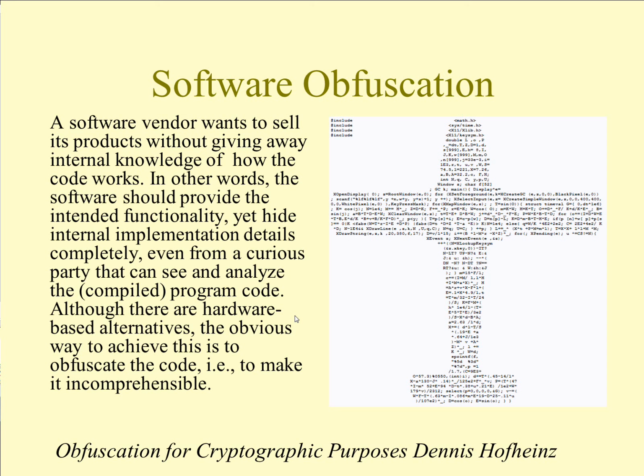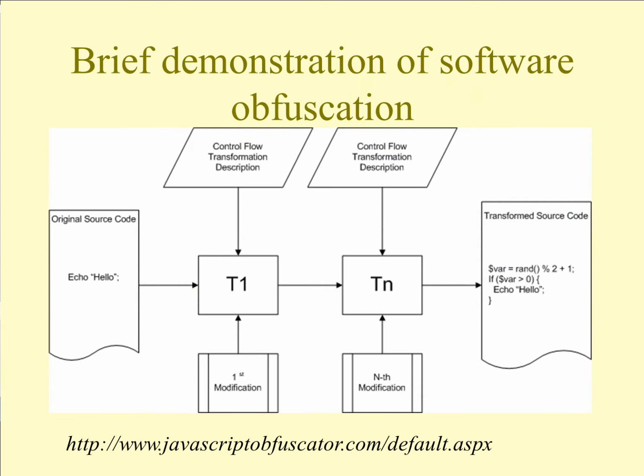There are hardware obfuscators as well as software obfuscators, and this is even difficult for the original programmers to understand what's going on. So the obfuscation usually occurs as the very last step after the programmer has finished writing the code. Then they're going to run it through a code obfuscator so that it's going to generate something that looks like this, and then they'll compile it, because even if you're able to reverse engineer the compiled code, what are you going to get back? You're going to get back something that still doesn't make much sense. So that's one of the reasons why obfuscating is used.